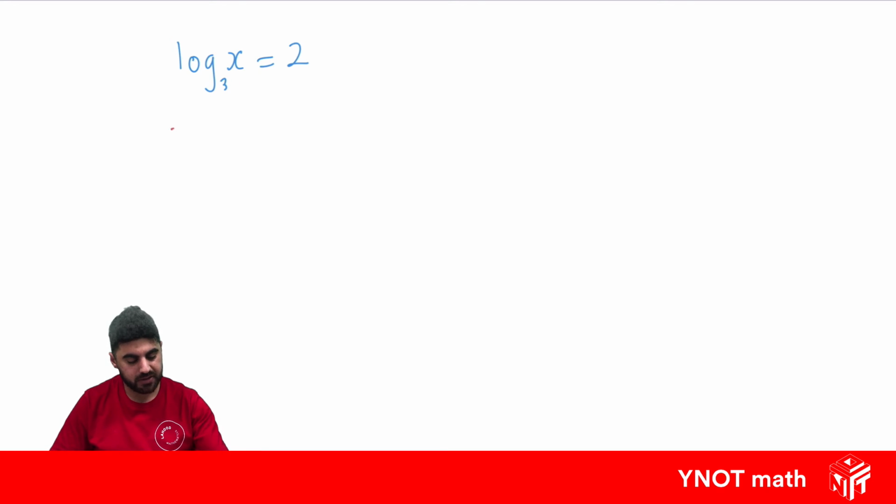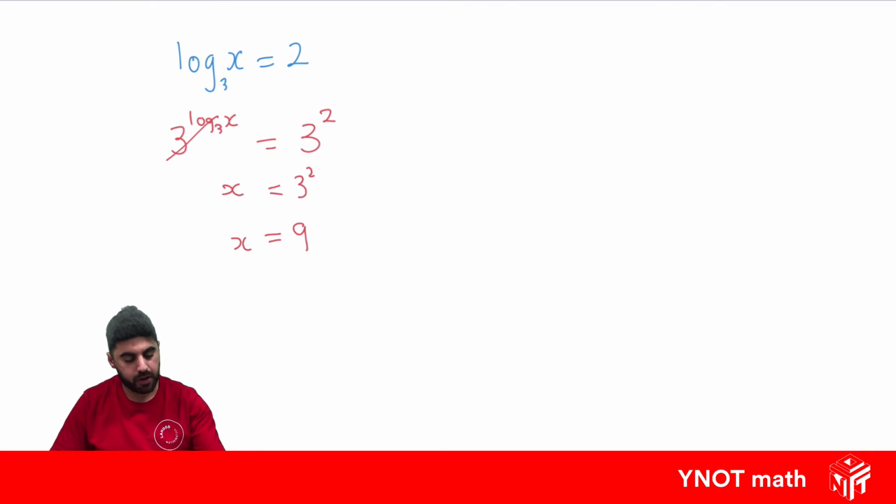So we're going to pick a base of 3 and raise each side, the left-hand side being the power on the left base and the right-hand side being the power of the right-hand side. Because when we do this, we have a base with the log of the same base, which is going to cancel each other out, and we're left with x equals 3 squared, so x equals 9.